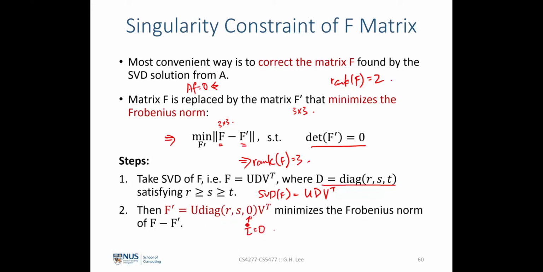Then, after replacing the least singular value with 0, we put this back into the original SVD equation, pre-multiplying by U and post-multiplying by V transpose, to get the final fundamental matrix F prime. We can be assured that this minimizes the Frobenius norm, and since the third singular value is 0, the rank of this matrix is going to be equal to 2.